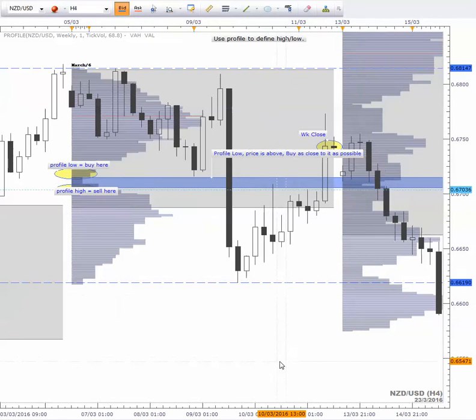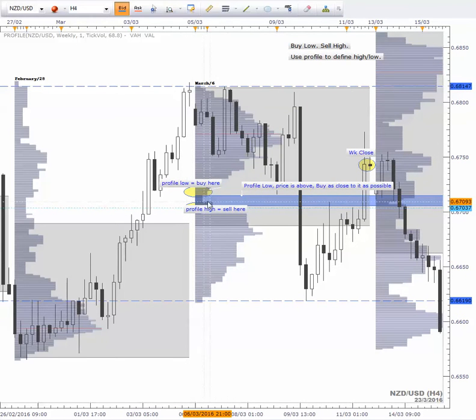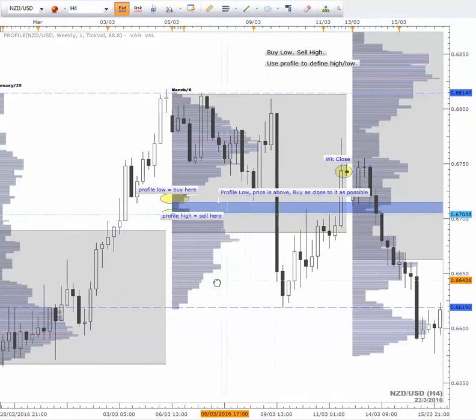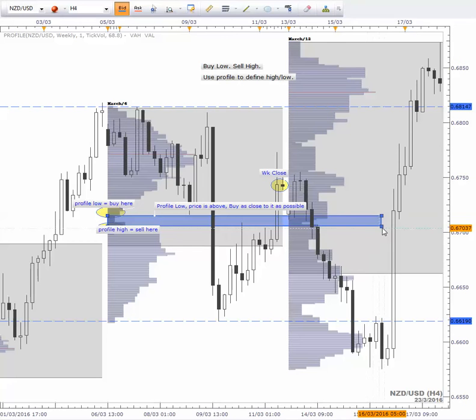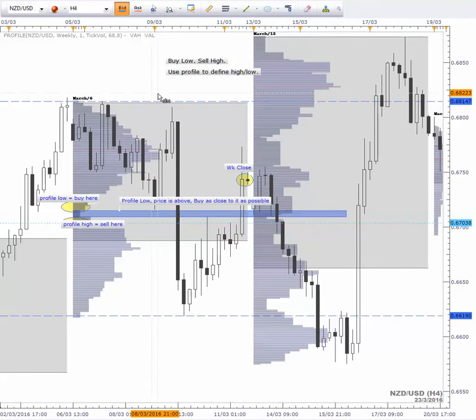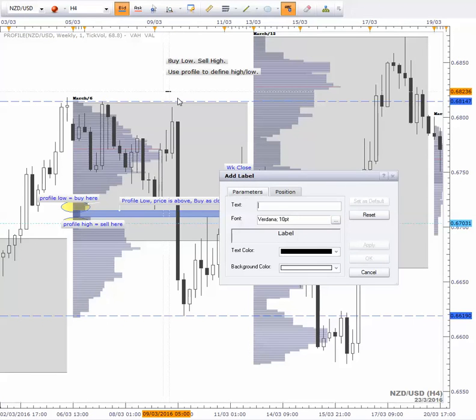Why do I want to buy inside of the blue rectangle? Because the blue rectangle area, I am defining that as a volume profile low. I want to buy at volume profile lows.